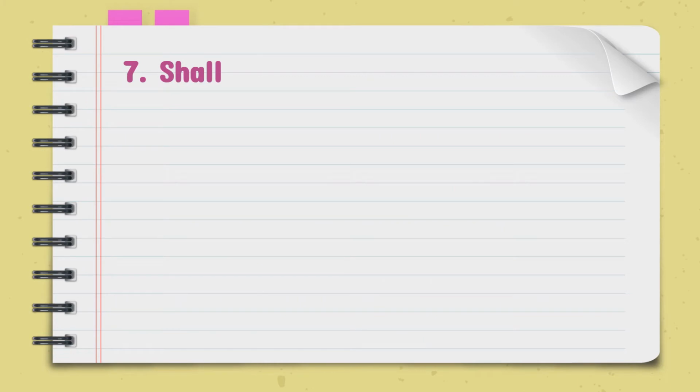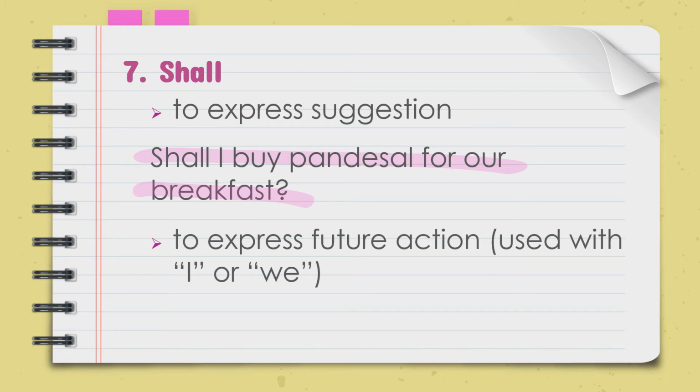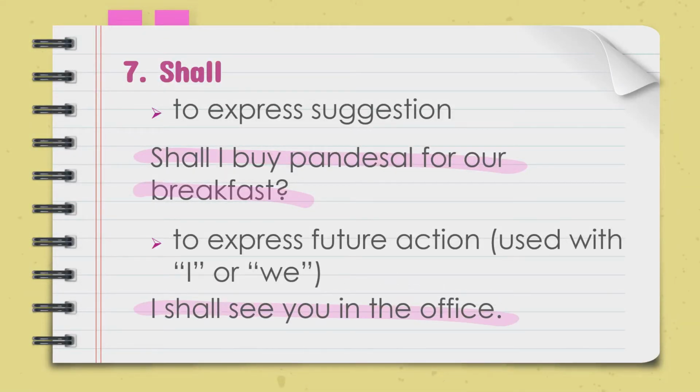Then we have shall. Shall expresses suggestion. For example, shall I buy pandesal for our breakfast? Then, it is used to express future action. It is usually used with the first personal pronouns I or we. Moreover, shall is more formal than the modal will. For example, I shall see you in the office.